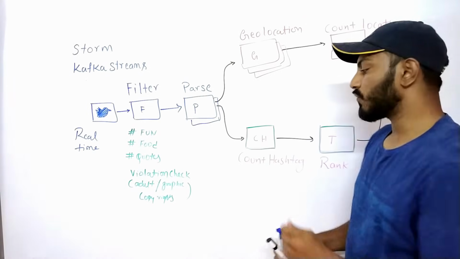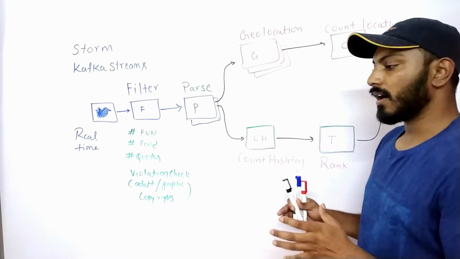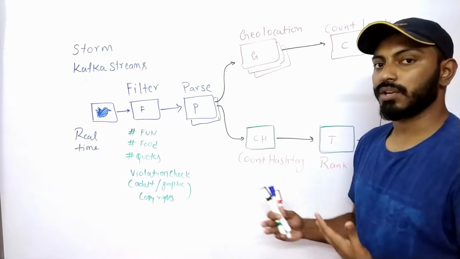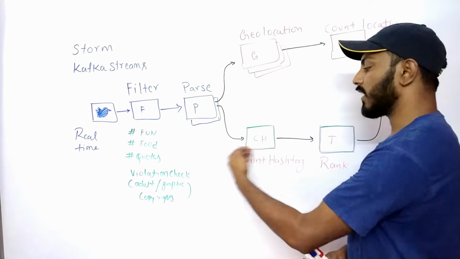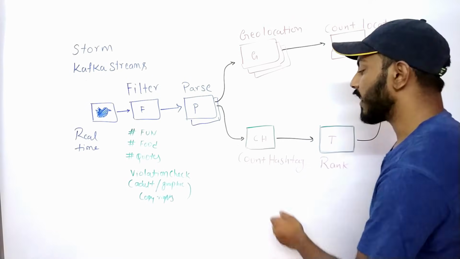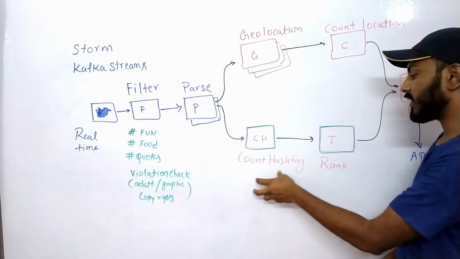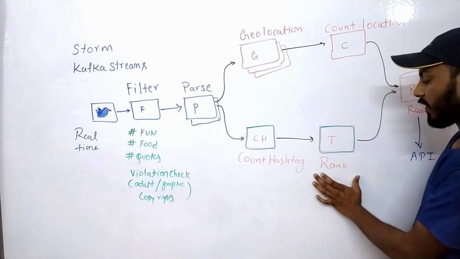Based on that, we get the count of any given hashtag, the rate at which these hashtags are produced on the Twitter platform. Once we have the rate, that data is forwarded to the rank operator.